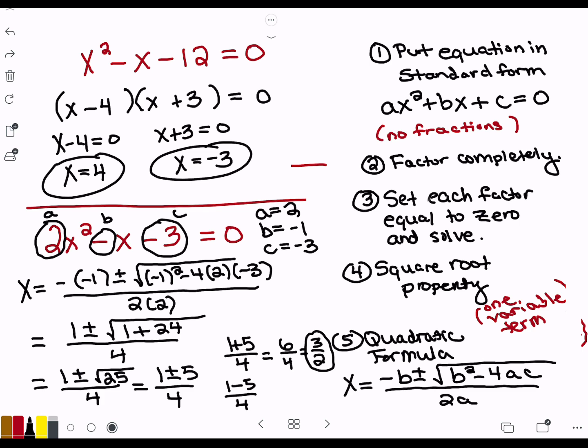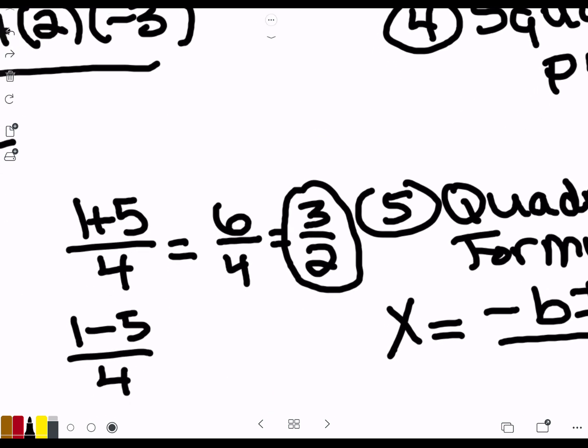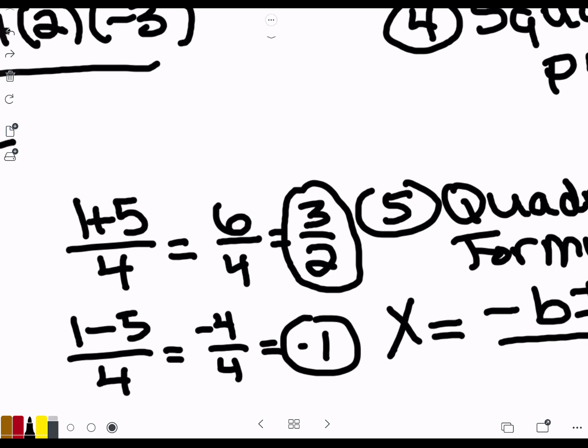And then the other answer is going to be negative 4. Let me zoom in. The other answer will be negative 4 over 4, which reduces into negative 1. So I have 2 answers here. I have x is equal to 3 over 2, and x is equal to negative 1.